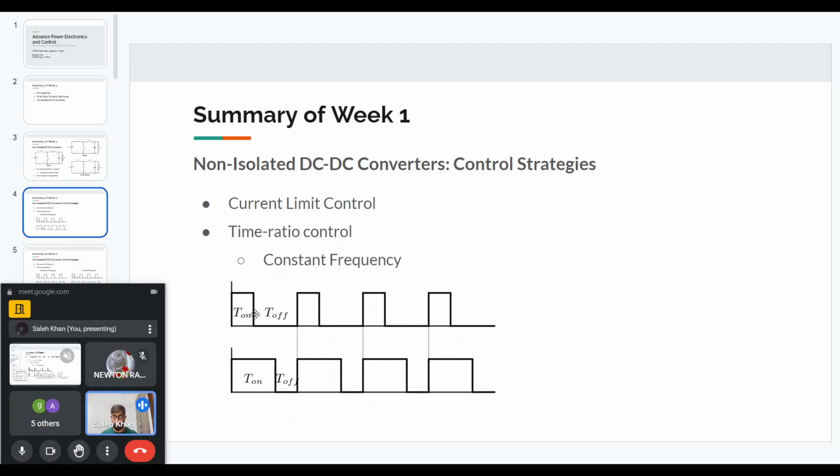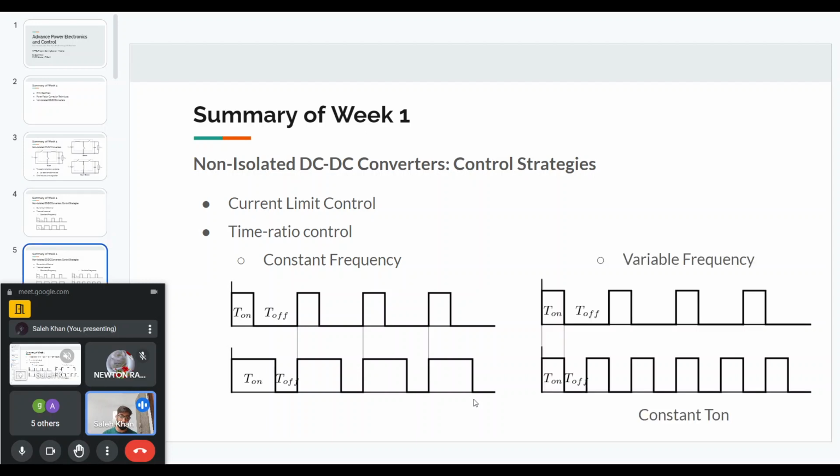If I want to increase the duty ratio, I will increase the T on time and decrease the T off time, so that my overall TS, or switching time, remains constant. The advantage of this kind of control is that the harmonics in the filters will be at one frequency, the switching frequency.